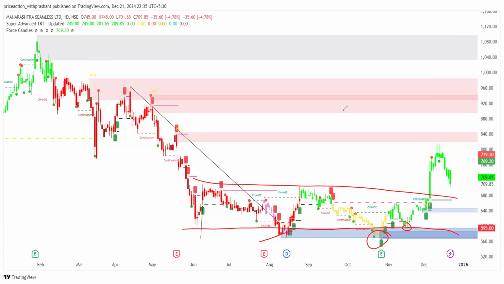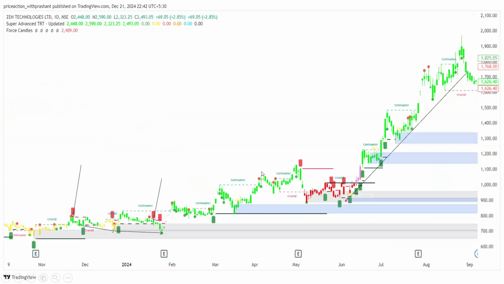So have your pattern for entries also, and take entries based on those patterns and based on force and trend. If you have 2 or 3 factors in your favor, there are fewer chances of failure, but the trades will be much fewer. And taking fewer trades is a very good sign. You are taking only those trades which are strongly in your favor.